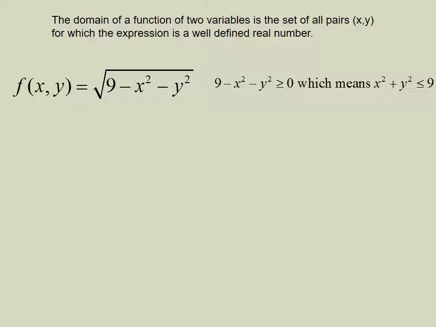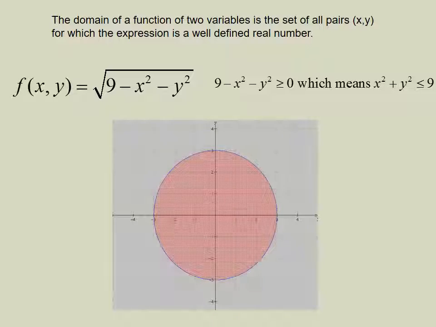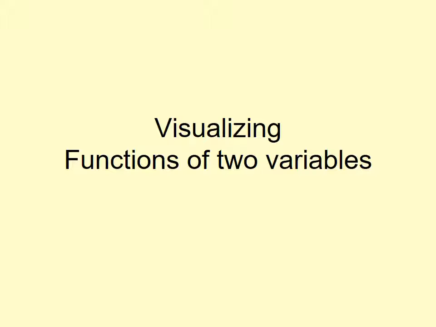X squared plus y squared less than or equal to 9 would be everything inside of that circle. So the domain of this function is everything on the red disk along with everything on the blue circle because it's less than or equal.